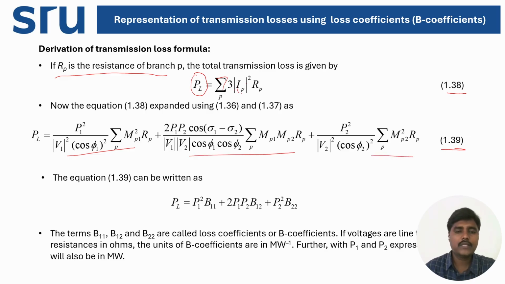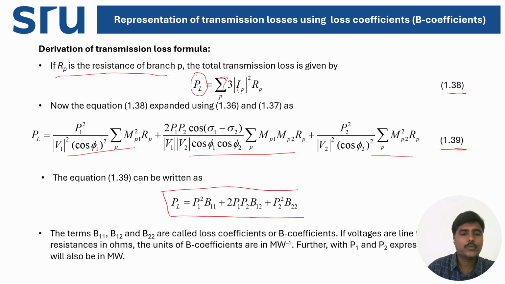Once the system design is completed and it is operating at stable condition, some of the parameters are constants here. Based on that, the same equation 1.39 can be modified as PL is equal to P1 square into B11 plus 2 P1 P2 B12 plus P2 square into B22, where the terms B11, B12 and B22 are called loss coefficients or B coefficients.